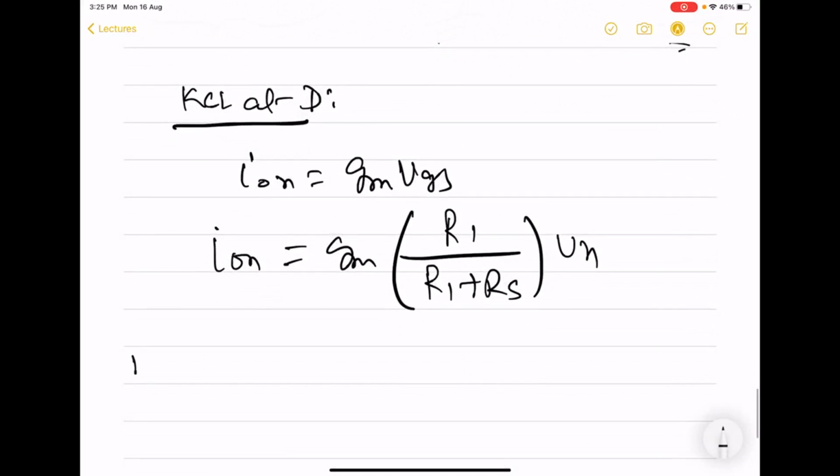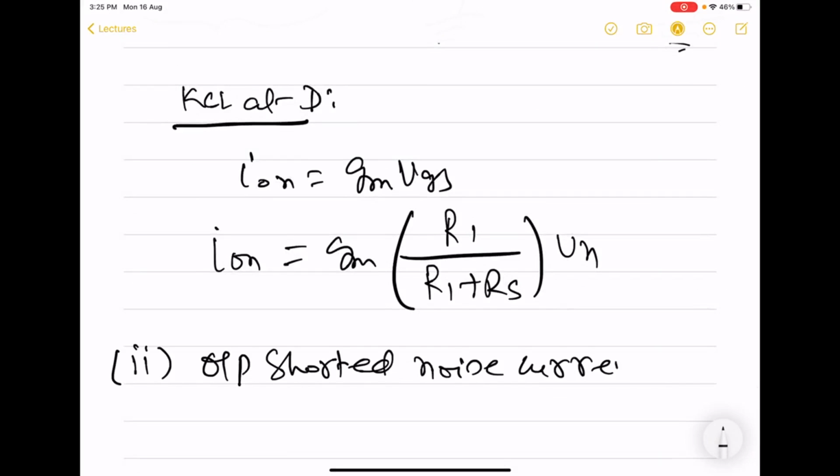Similarly, now we find out the output shorted noise current due to R1, that is V1n.